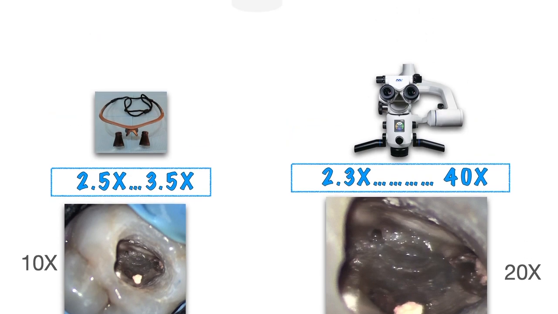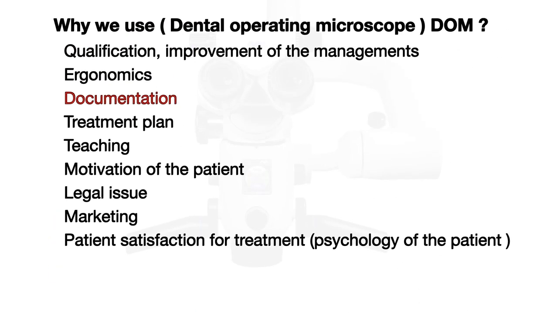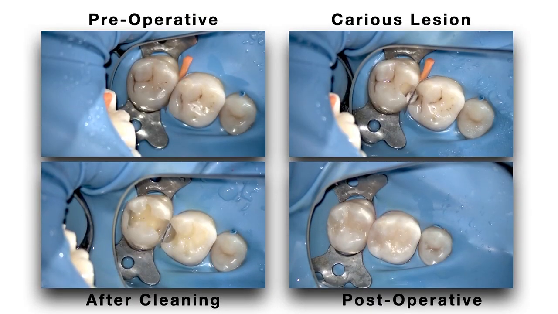So the other point is documentation. Documentation became a vital part of our life, because you can easily record your cases. Simply, you can take a preoperative image, and during caries excavation, show your patient that you have caries here and there, and that you are cleaning it.